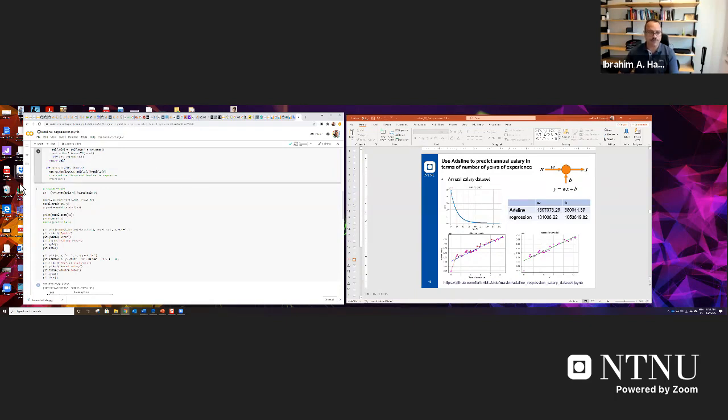We call it feature scaling or feature standardization. After that we will create a model, train our model using the standardized data set, predict, and plot. So we will just run that part.